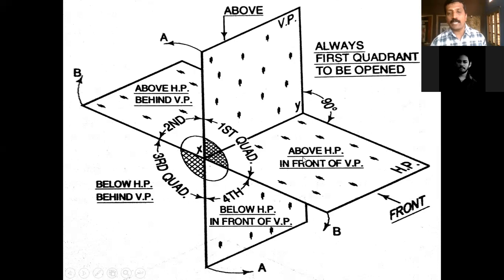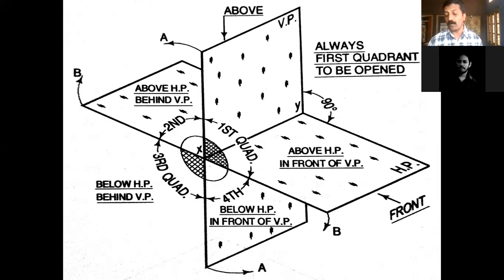Similarly, any object present above this HP is called above HP. Below this HP line, it is called below HP. So what about the position of the second quadrant object? It is above HP and behind VP.